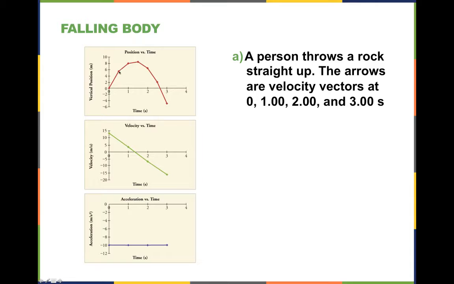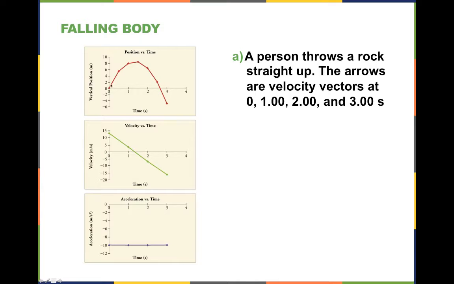Initially it takes off, and its position goes up and up to a point. It then stops, okay, and then begins to travel back down, and we all know this. We've thrown things up in the air. So this is the position at each point. And these are the velocity vectors. So this is the first one, and the second one, and the third one. And notice that there's a change in direction.